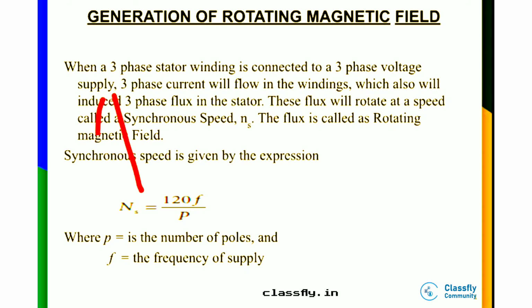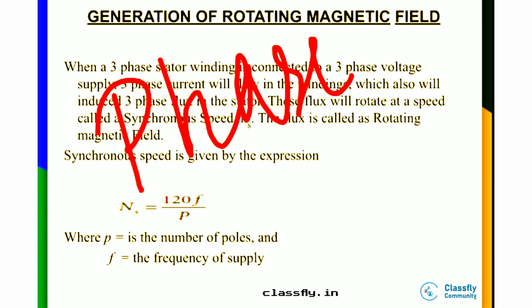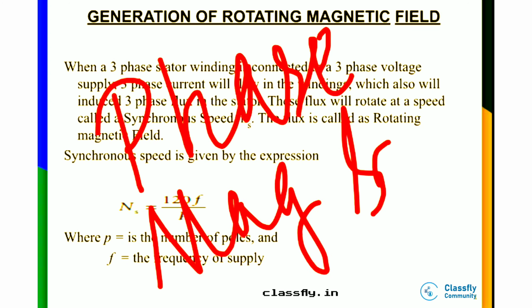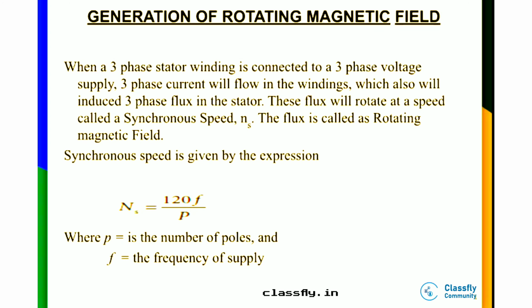That means the phase will change at each position. The resultant will change its angle, but your magnitude will be the same. Okay, I hope you understood till this.